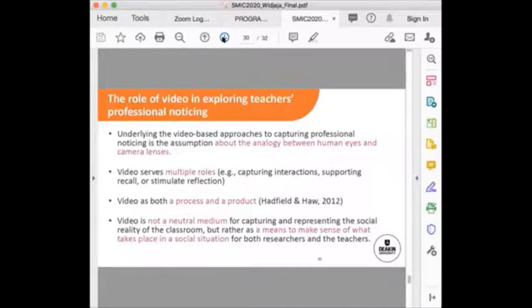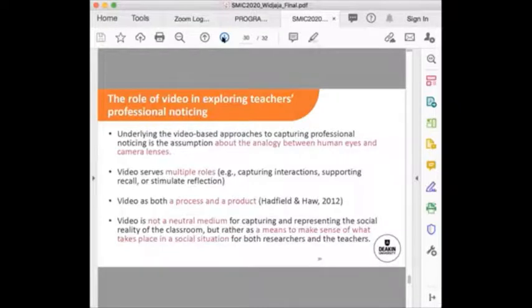Teachers are often able to capture what happens in the surroundings, not only what they see in front of them, but they also talk about hearing something in the background and paying attention to that. Video doesn't have that. Camera lenses only look one way and capture certain angles. So there are limitations when you compare the capacity of video and the human eye.